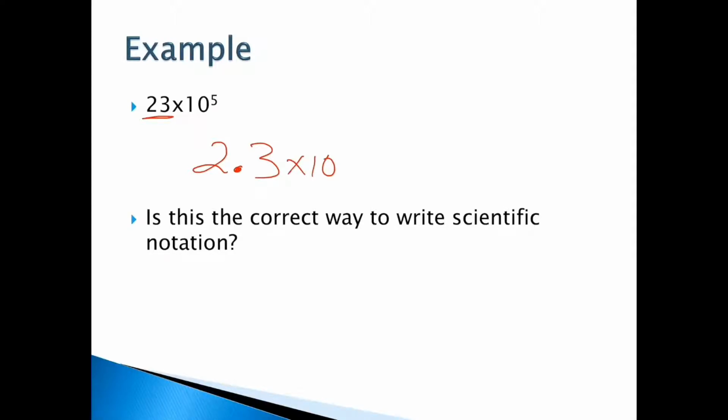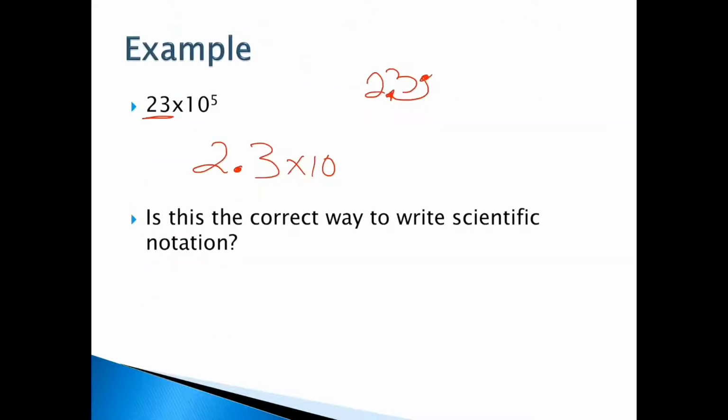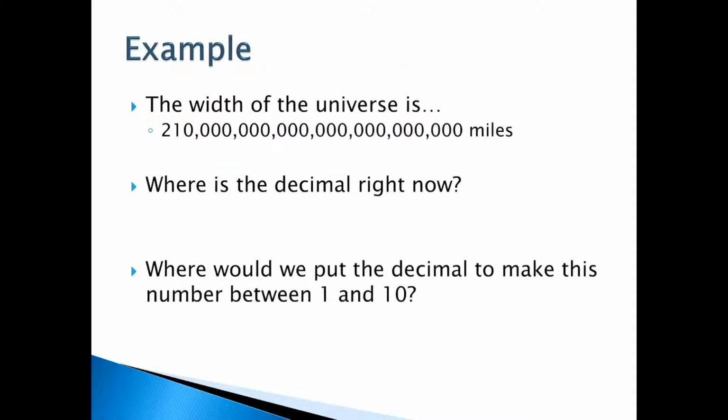Now that we've moved the decimal, we have to change the exponent because our exponent was based off of this. Our decimal point was here. I moved it one space over to the left. And remember, if I moved the decimal to the left, the exponent will be positive. So we're just going to add 1 to the 5, and our exponent's going to be 6.